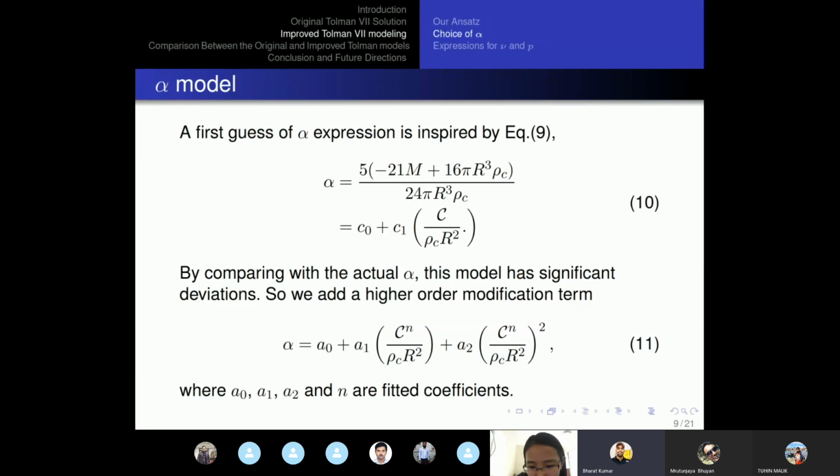I don't know the actual value of A0 offhand, but it's given in the paper.